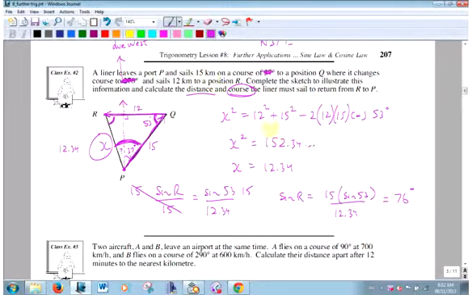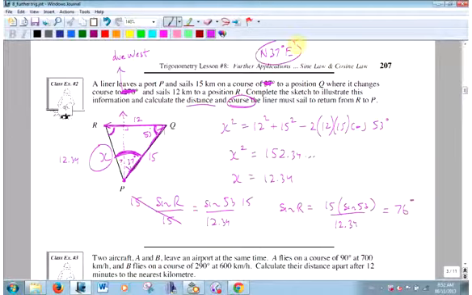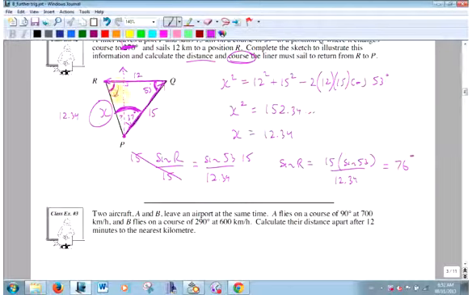But if I'm going to be consistent with my directions here, that's not just any old 76 degrees. How do I label this? That's 76 degrees. So this is due east, and then I go 76 degrees south of that.